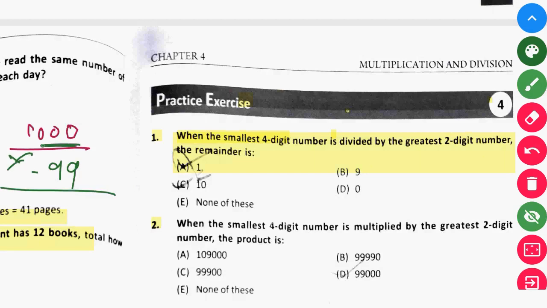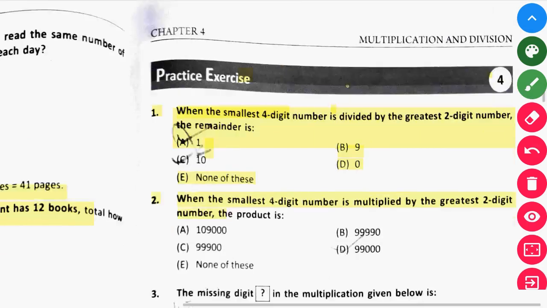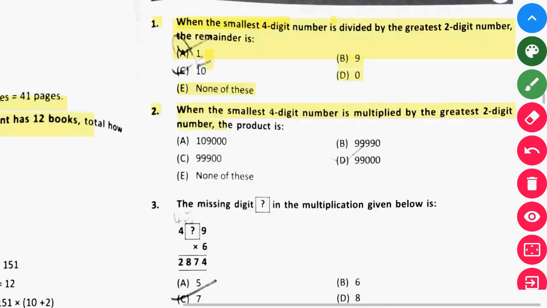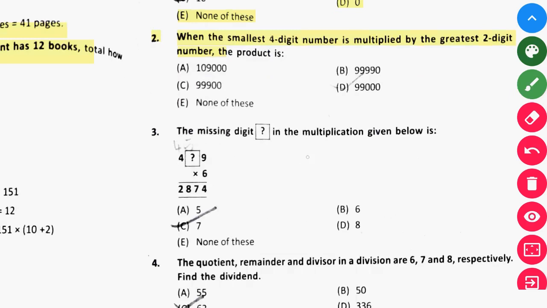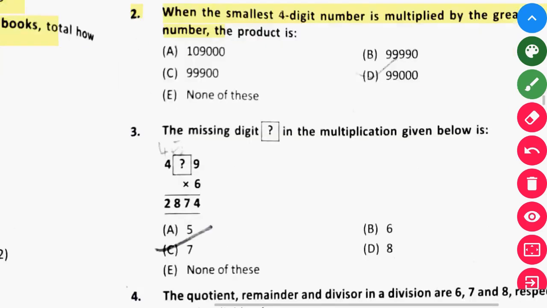How many zeros are here? 1, 2, 3. Those zeros will come after 99. So this is your answer: 99,000. Only 99,000.